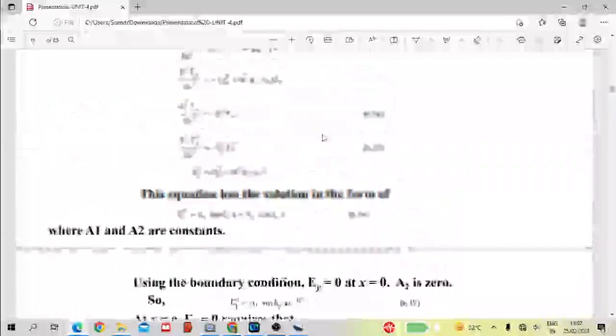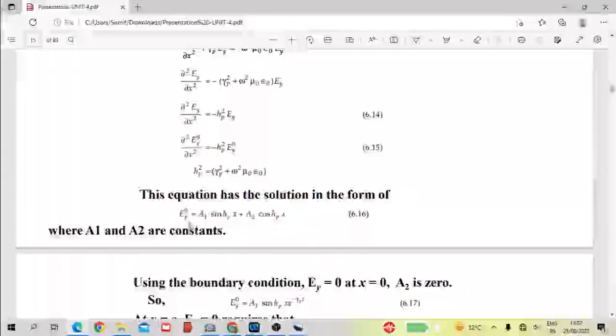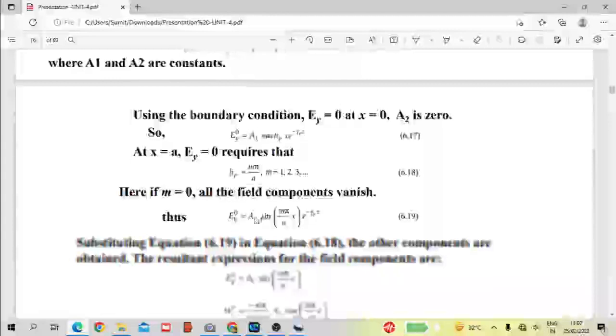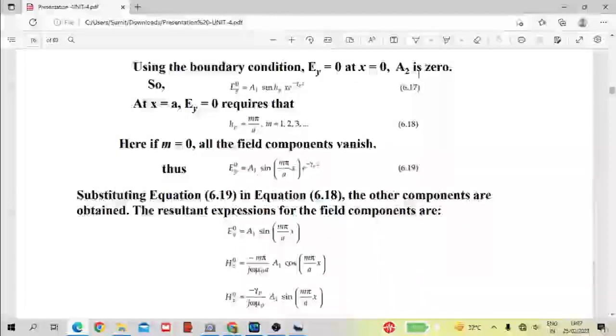So there you can put in the equation. If you make Ey 0 at x equals 0, then naturally a2 will come out to be 0 from the equation. So we get Ey 0, that if you make a2 0, only the first part will survive.